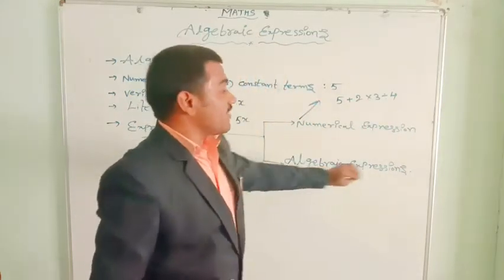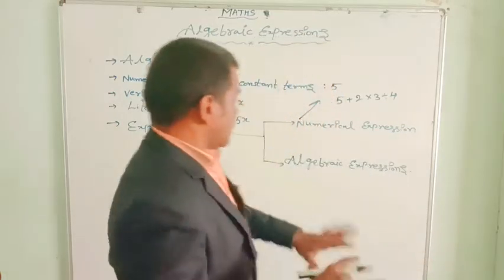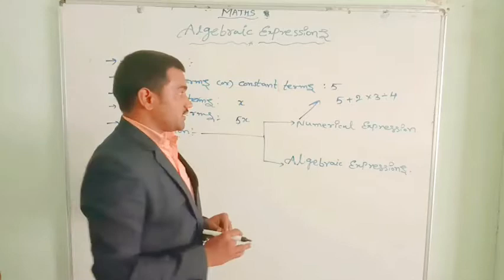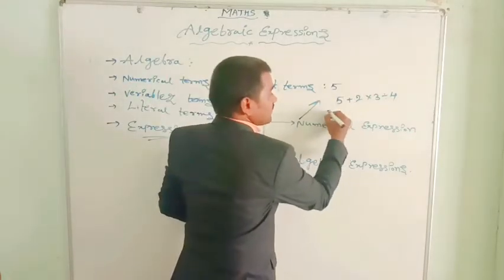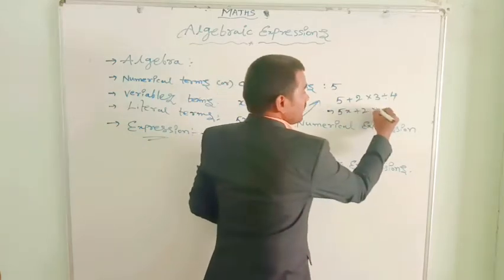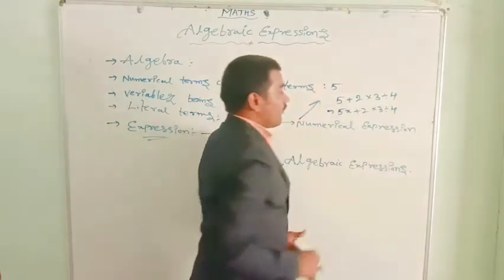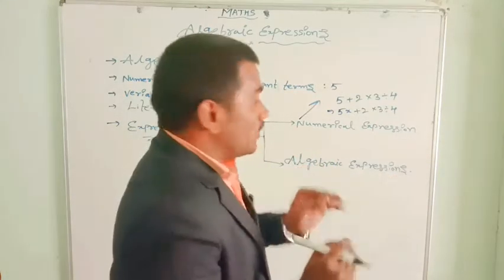What is the meaning of an algebraic expression? Let me explain this algebraic expression first. Let me take the same example. Instead of this 5, I will put pi x plus 2 into 3 divided by 4. See, both are the same, but with a small change.